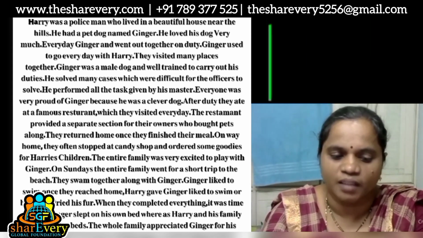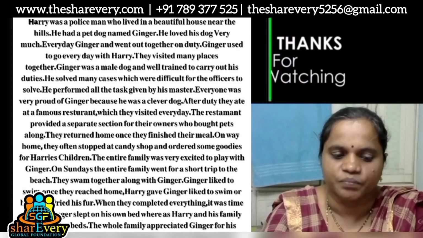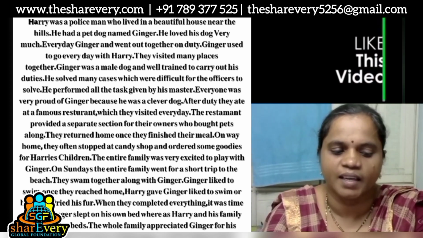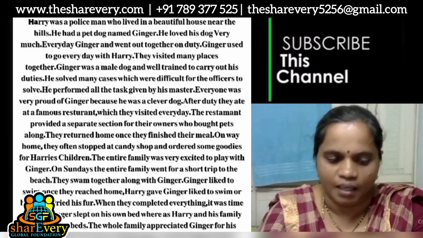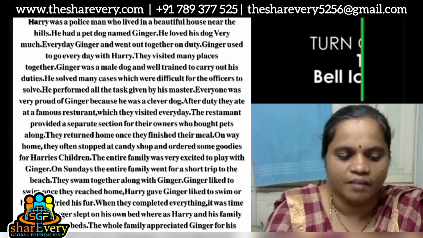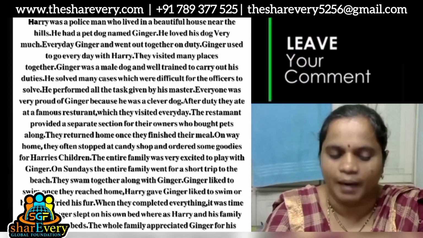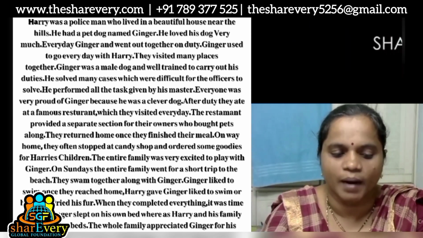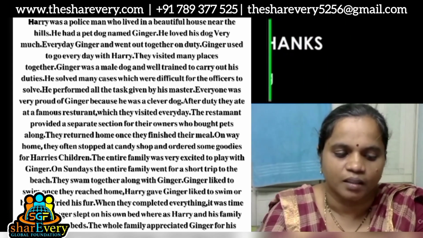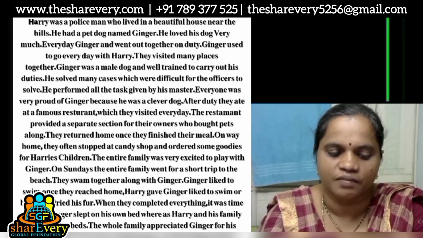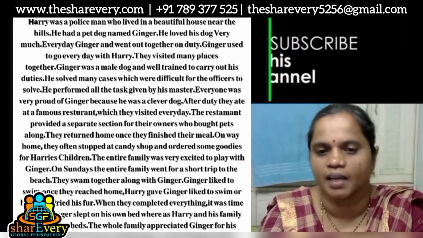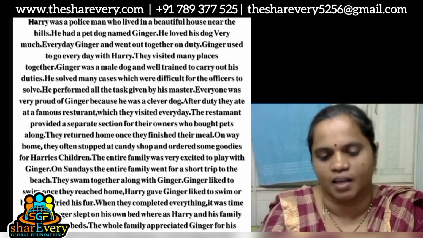They swam together along with Ginger. Ginger liked to swim. Once they reached home, Harry gave Ginger a bath and dried his fur. When they completed everything, it was time for bed. Ginger slept on his own bed, whereas Harry and his family slept on their own beds. The whole family appreciated Ginger for his loyalty because he was a faithful and intelligent dog.